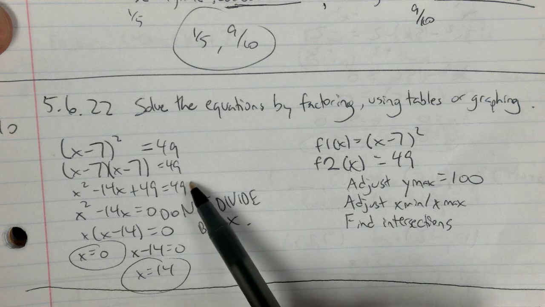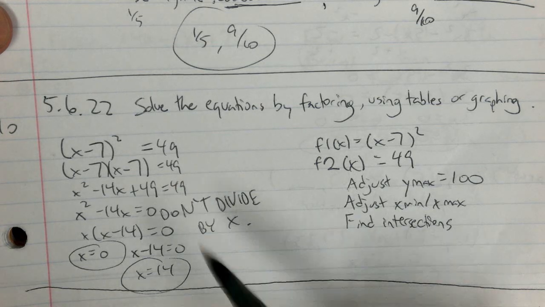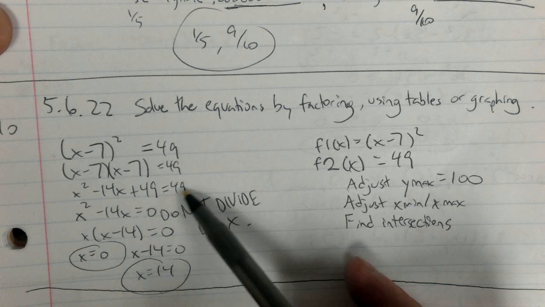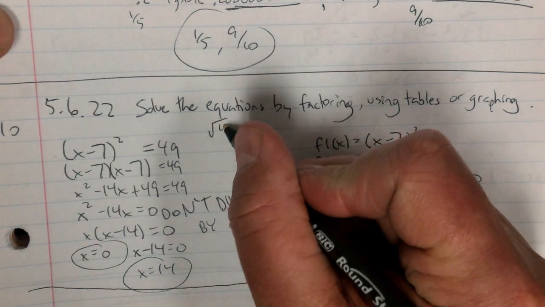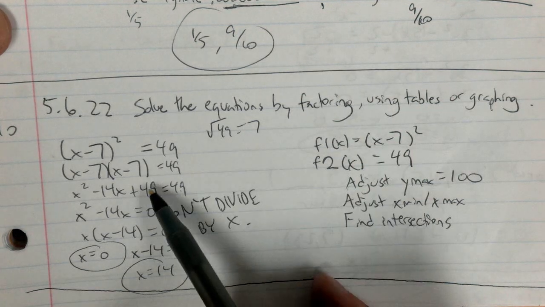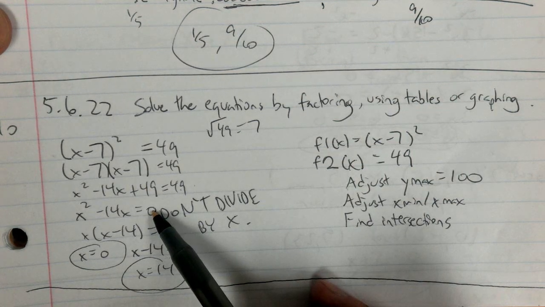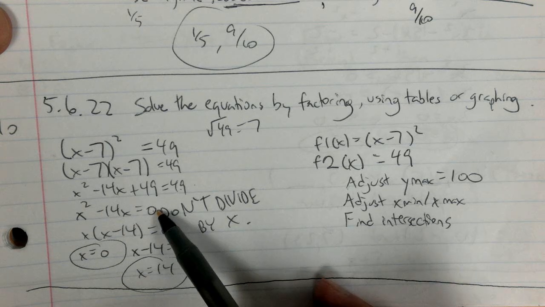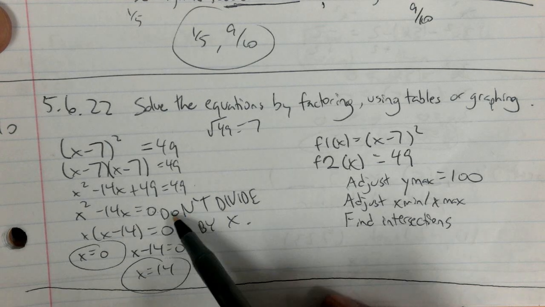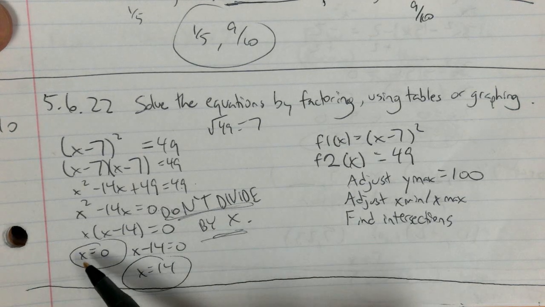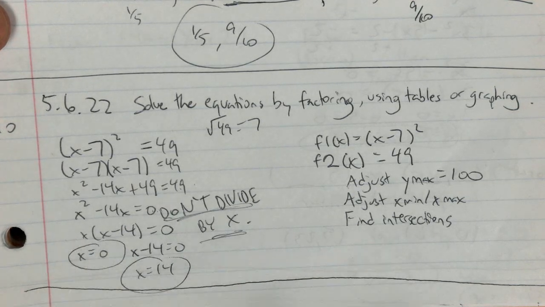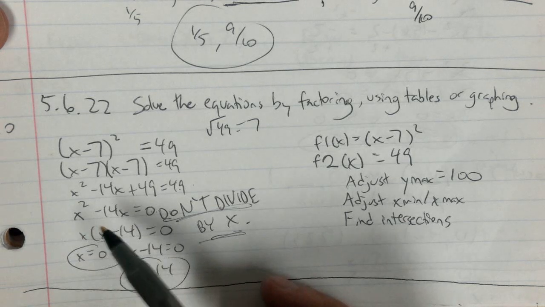And notice what's going to happen on this problem is it's equal to the same number, because you know the square root of 49 is 7. So when you subtract, it cancels out and you get it equal to 0. So then here's my note from earlier, don't divide by x. You're going to get x factored out as your greatest common factor.